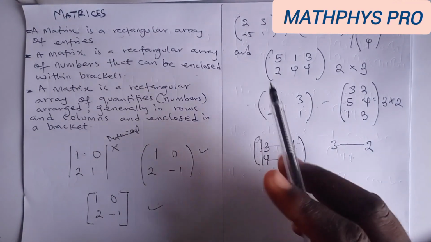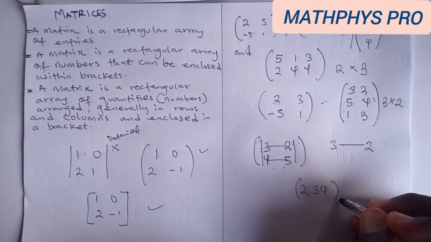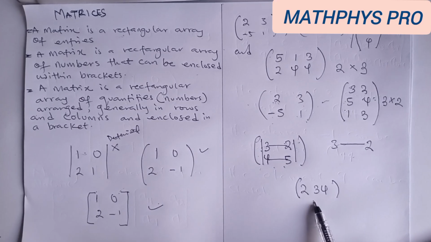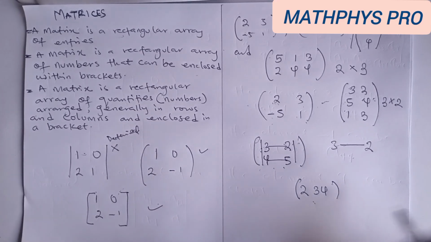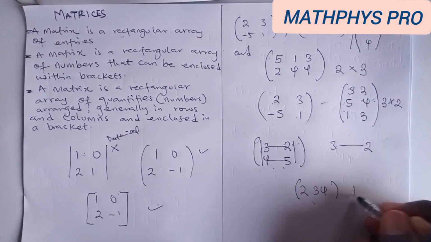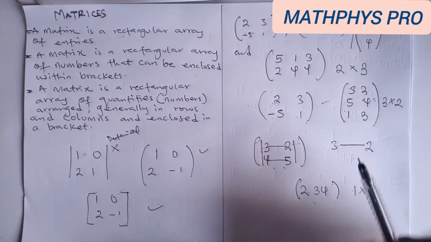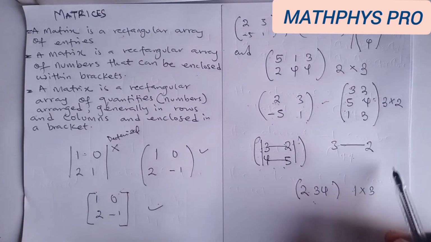This kind of matrix, for example, is a row matrix and has an order of 1 by 3, because it has 1 row and 3 columns, which is 1 2 3. So this is a row matrix.